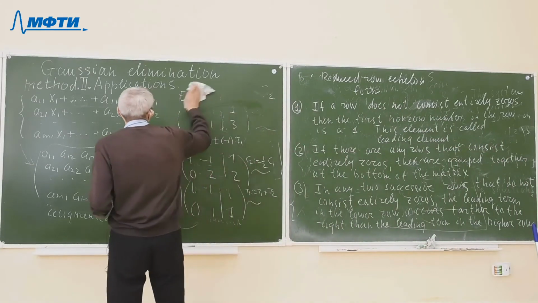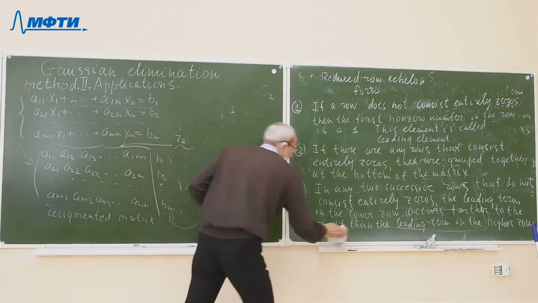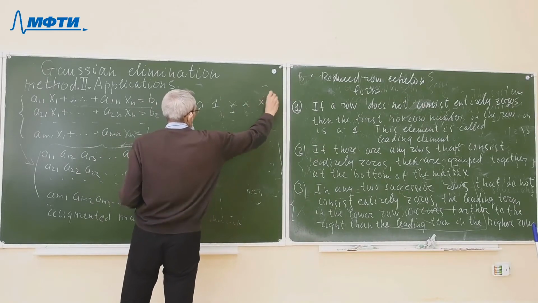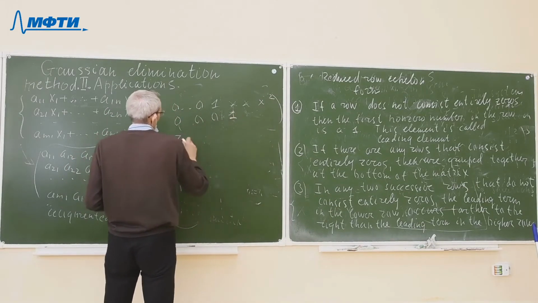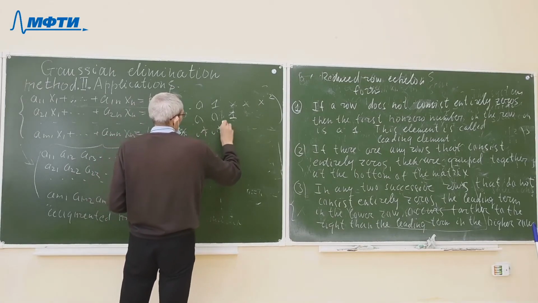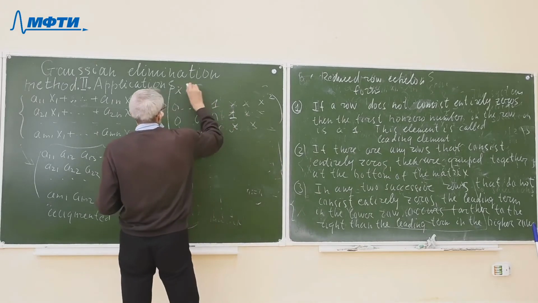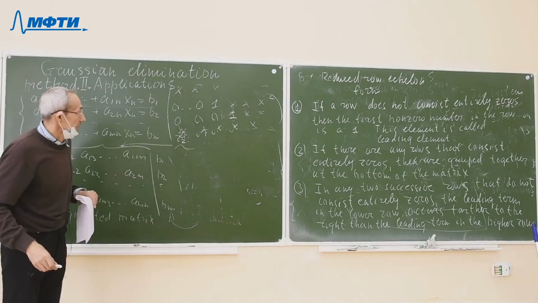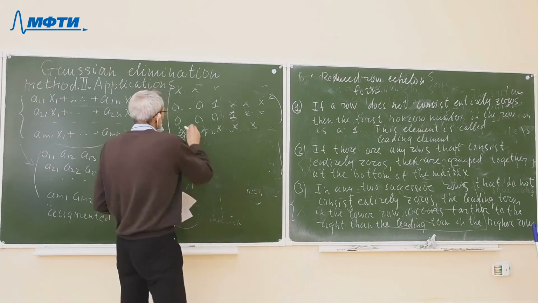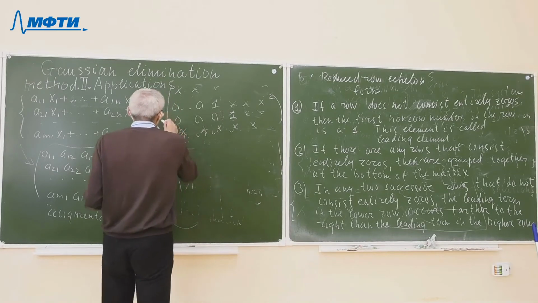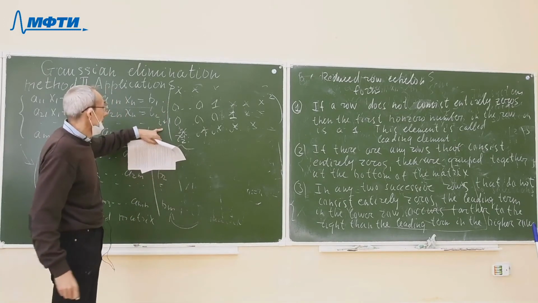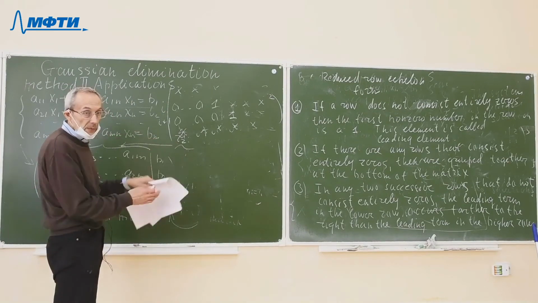What does the last property mean? If we have two successive rows in the matrix, with the number of the first row i and the number of the second row i plus 1, two successive rows.